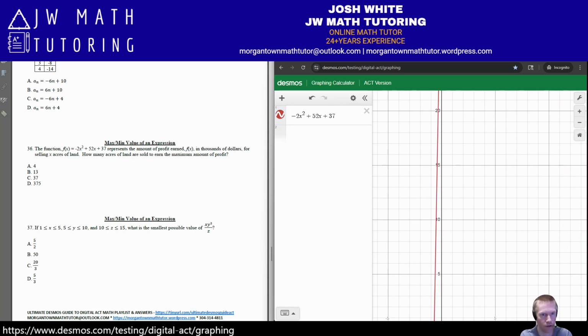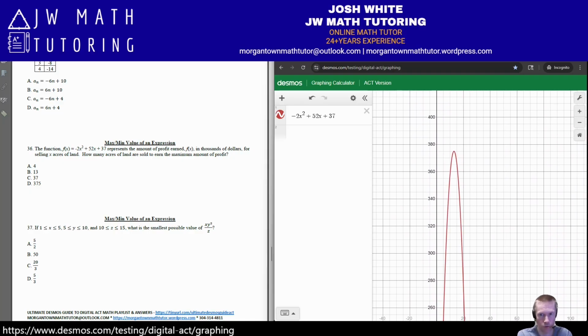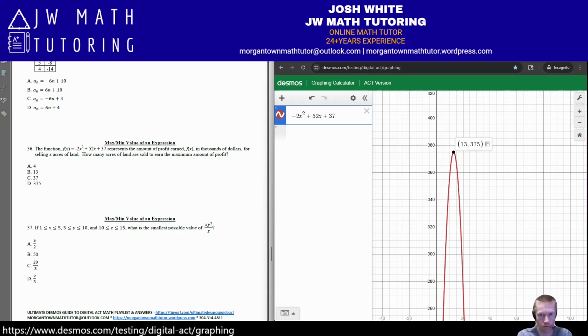Notice here, acres is the x or the input. So I'm going to graph this function out. I'm going to look for the maximum value, which occurs right here at the vertex. I want the x coordinate because that's the amount of land. So 13 is the answer.